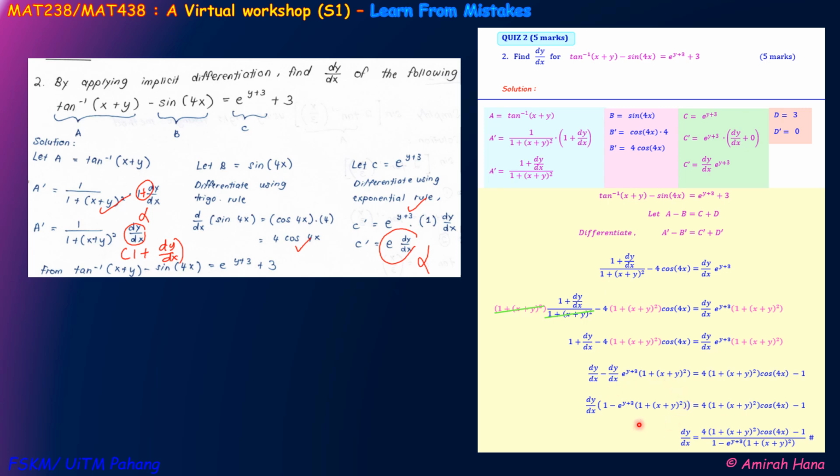And then finally, we can write dy over dx equals yang belah kanan ni per dengan yang belah kiri ni. Alright? Ataupun yang bracket ni nak letak belah depan ni pun boleh. Belah depan e to the power of y plus 3 ataupun e to the power of y plus 3 ni letak belakang, pun boleh juga. So this is the final answer when we find dy over dx for this function, right?